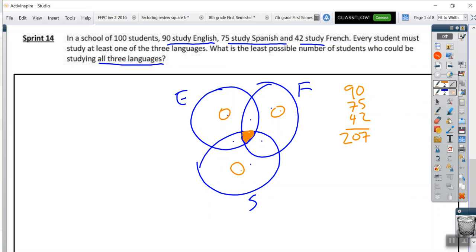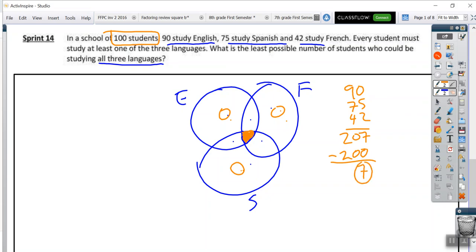So we already know that no one is taking just one language in this problem. Which means if every one of these 100 students take 2 languages, how many seats are taken? 200. Well, how many people would then have to be taking 3 languages? 7. That's a lot easier.